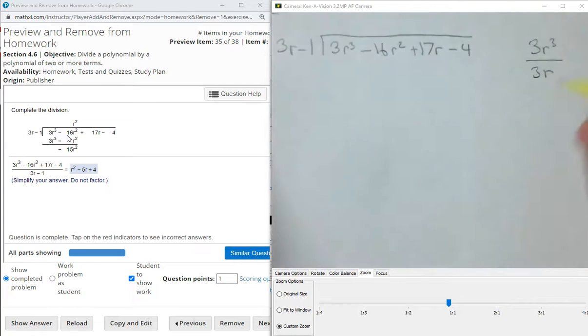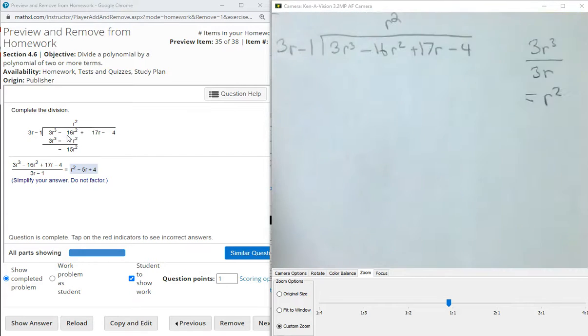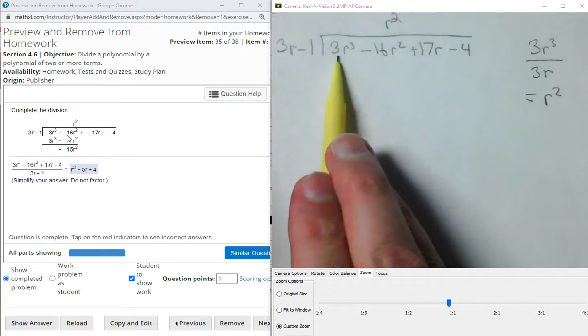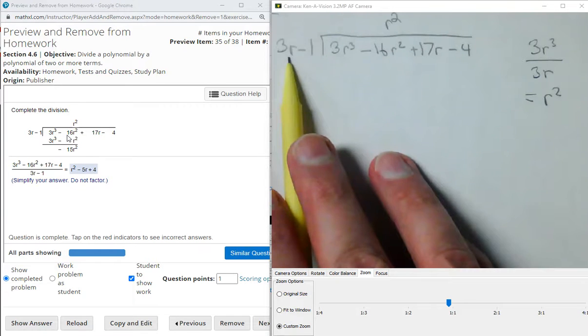All right, I'm going to move that over. I divide those and I get r squared. So that's where the r squared comes from, by looking at the first term of the dividend and dividing it by the first term of the divisor.